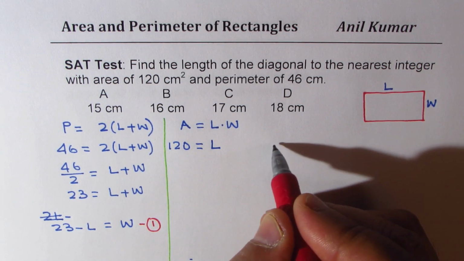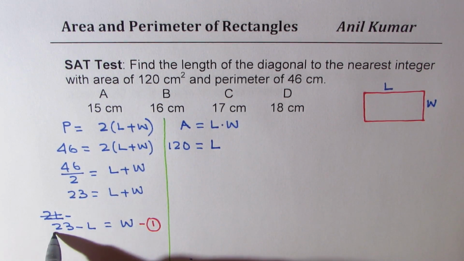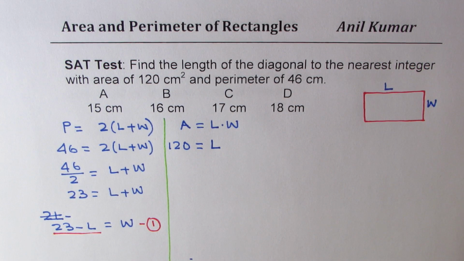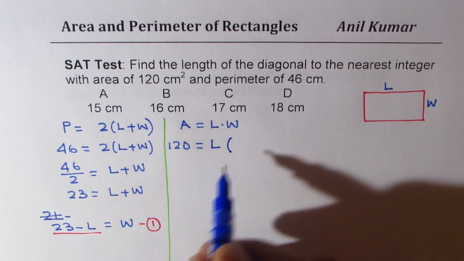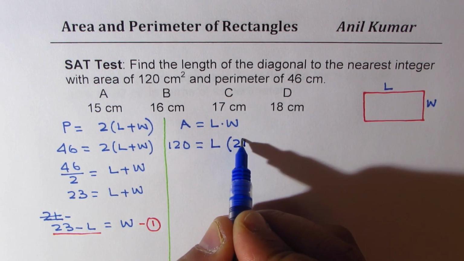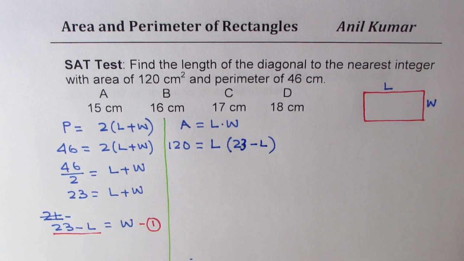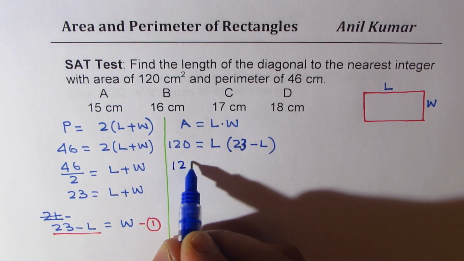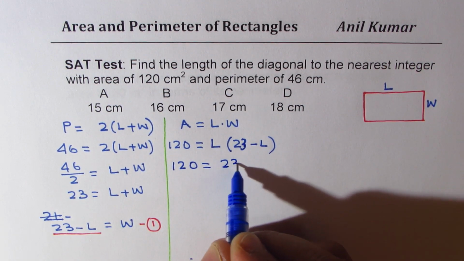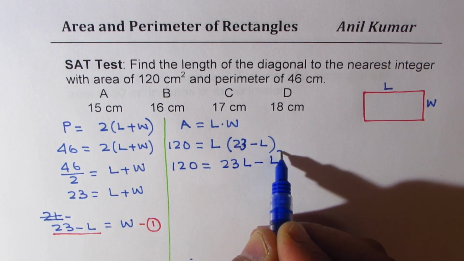So I could substitute width is 23 minus L, correct? So we get this kind of an equation. So let's expand it. Distributive property, right? So we get 23L minus L square.